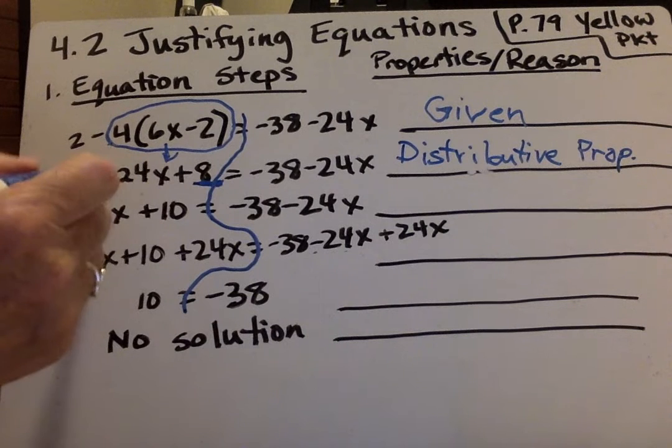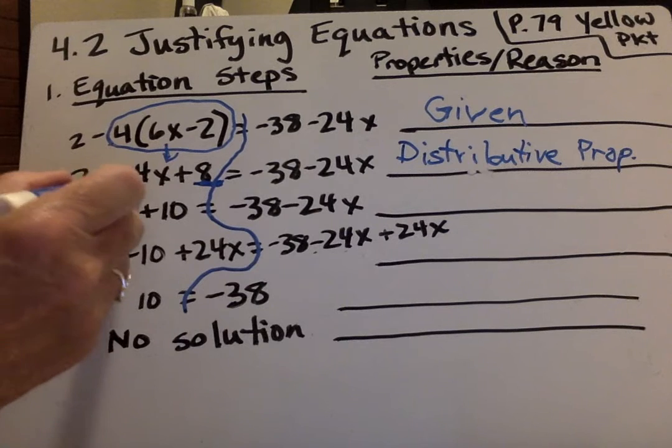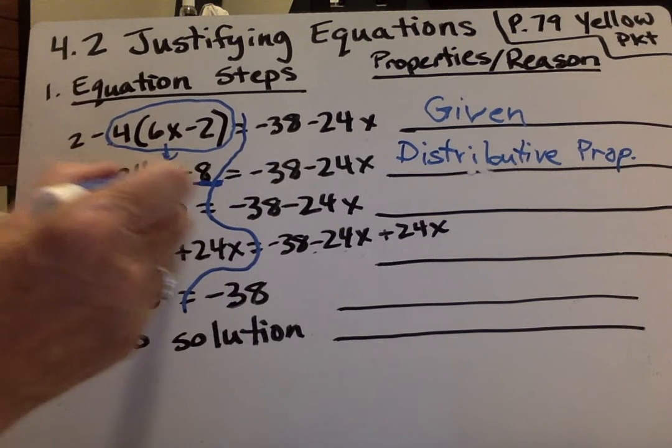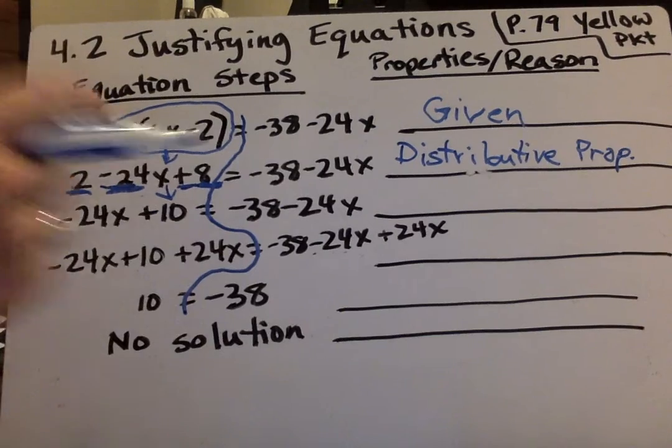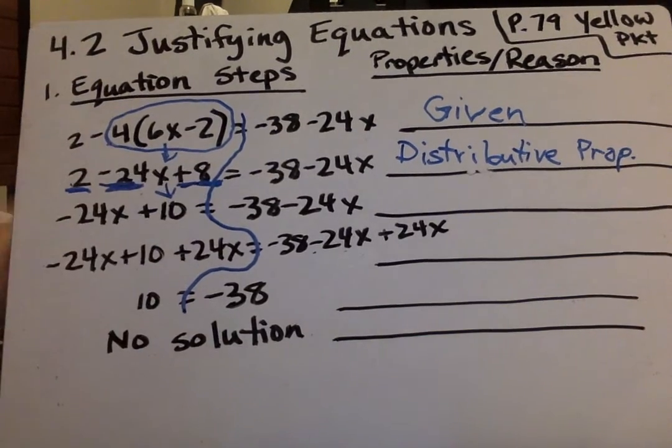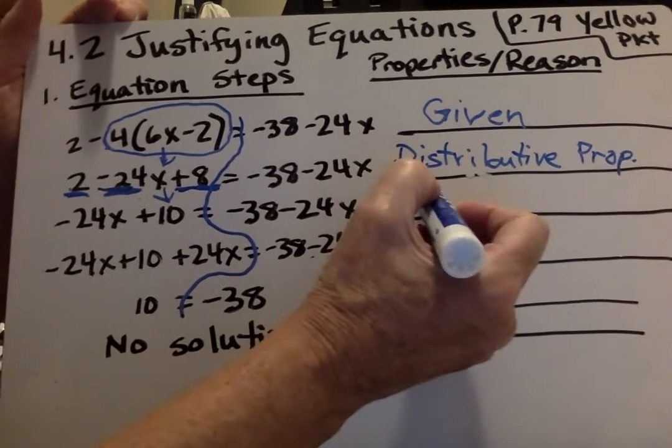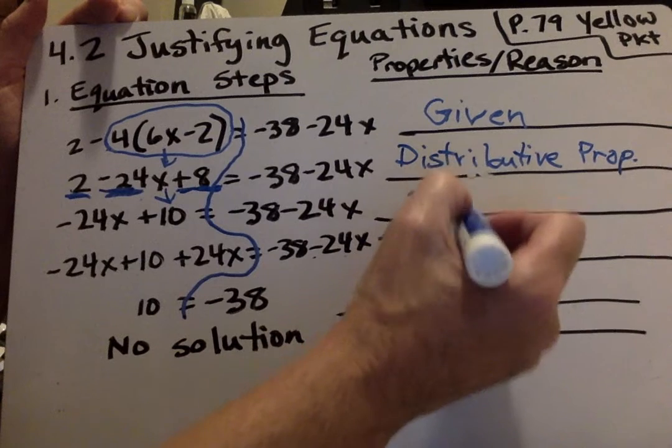This subtraction sign or negative sign will go with the 24. It does not go with the 2. So 2 plus 8 becomes 10. So whenever you're doing that, simplifying, it's known as the substitution property. So we're going to write that in there.